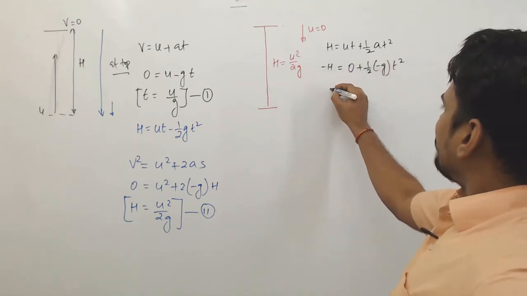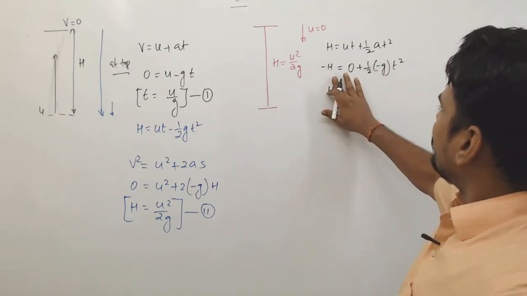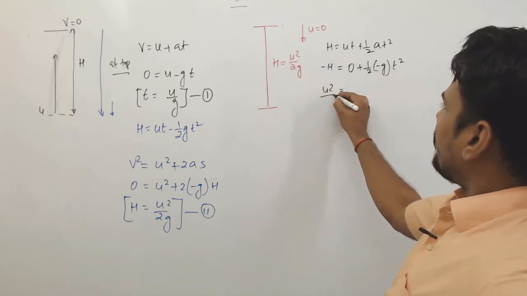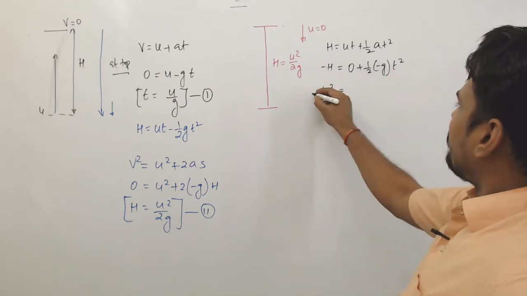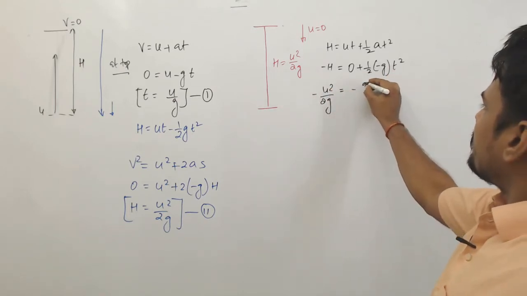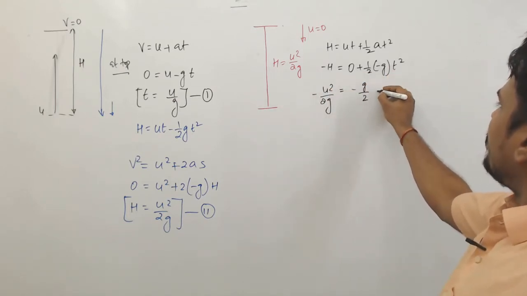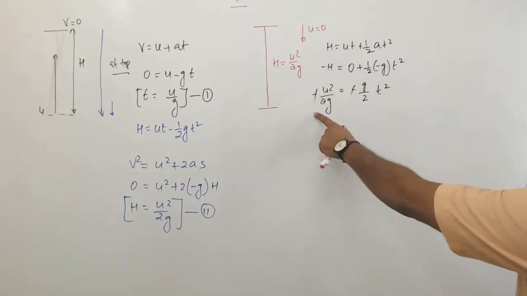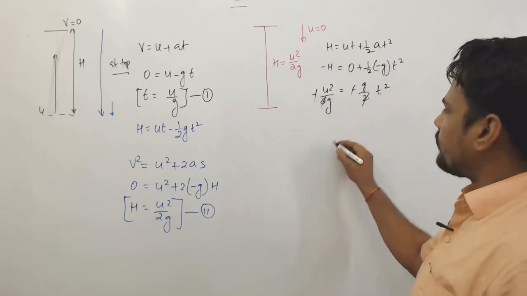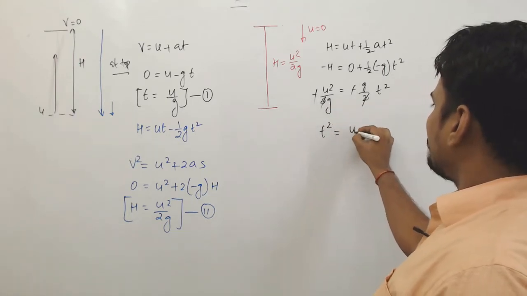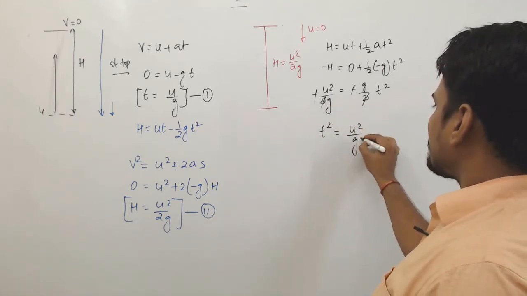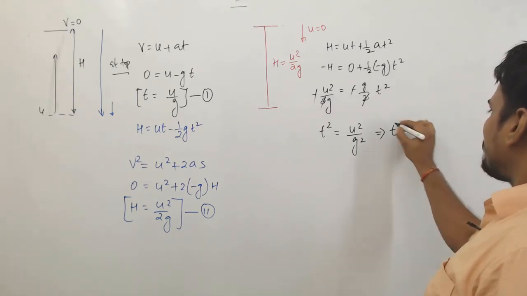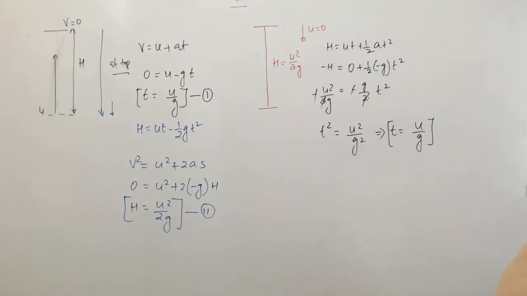So we should have h, which is u square upon 2 times g, equals g upon 2 t square. 2 would get cancelled, and you should have t square equals u square upon g square. That means t should equal u upon g. Negative part should be ignored because time cannot be negative.